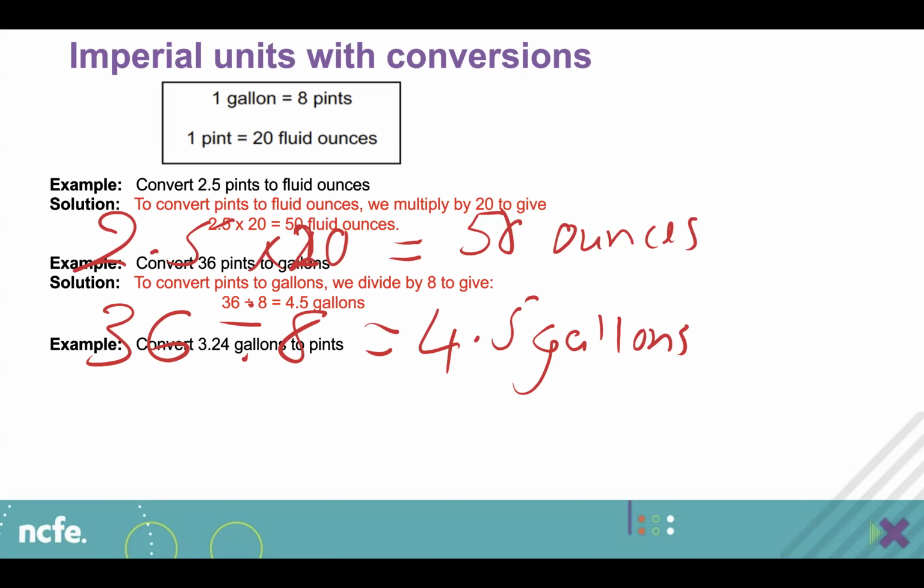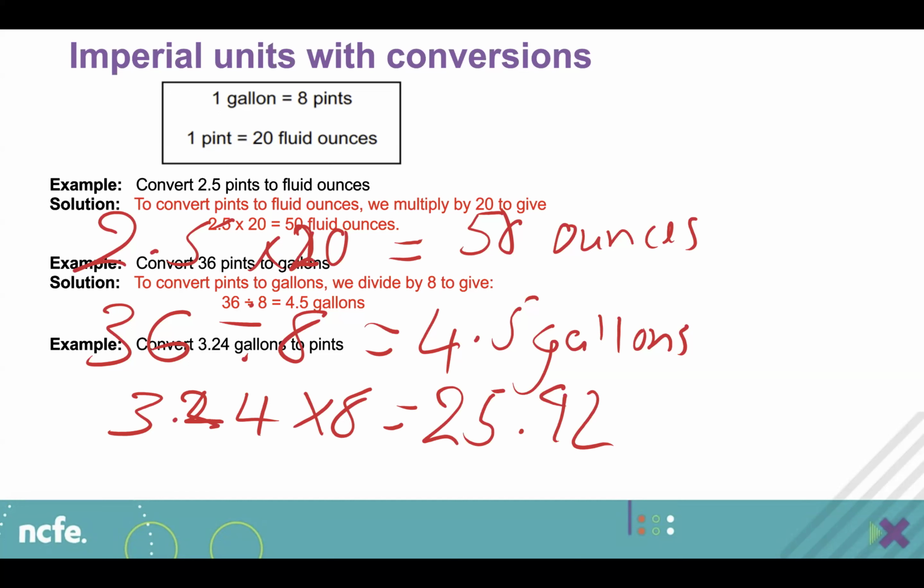Let's convert 3.24 gallons into pints. So if 1 gallon is 8 pints, that means 3.24 gallons would become 3.24 times 8, which would become 25.92 pints.